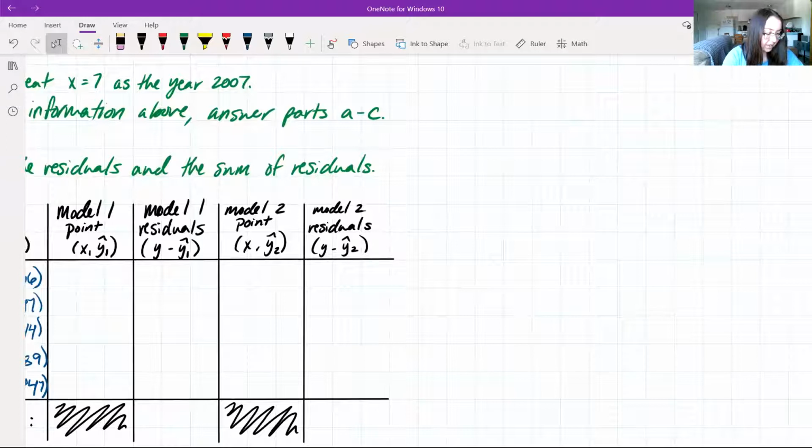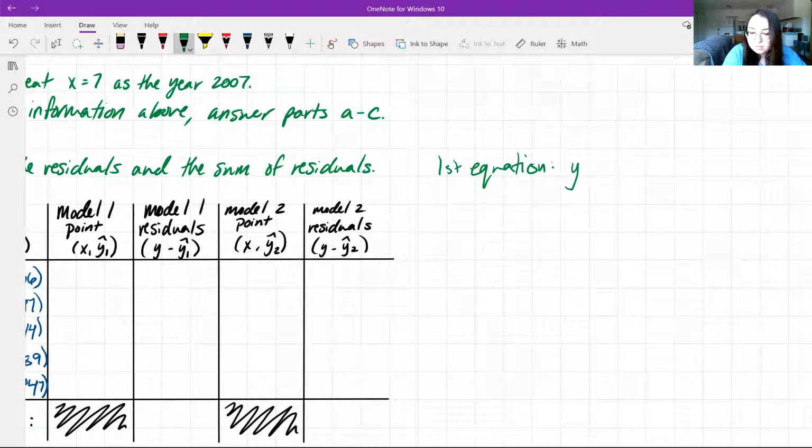So our first equation, that's going to be y is equal to negative 143.6x plus 6,019.